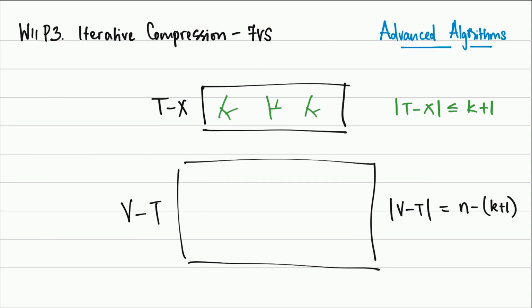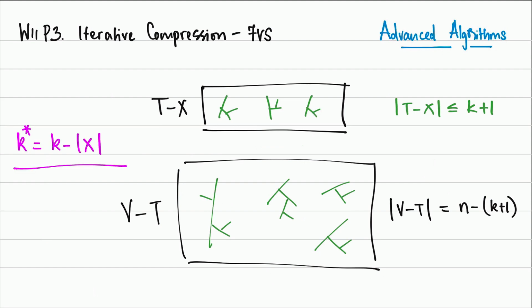So this is the larger forest, but this is the forest from which we are allowed to pick vertices to get to our final feedback vertex set. Remember that we are working with a current budget of K star, which is K minus the size of X. And that's the budget within which we have to kill all the cycles that we see in this picture.